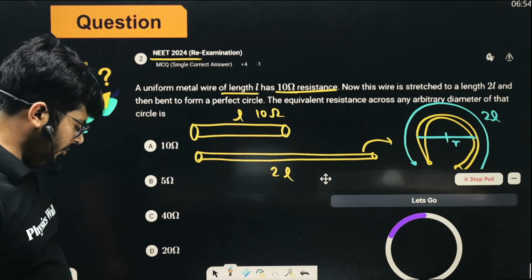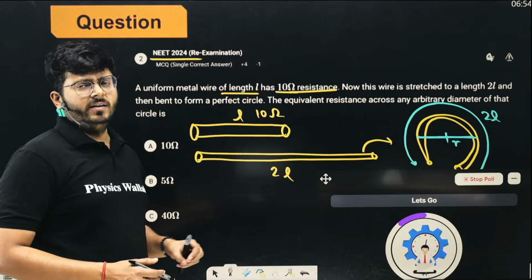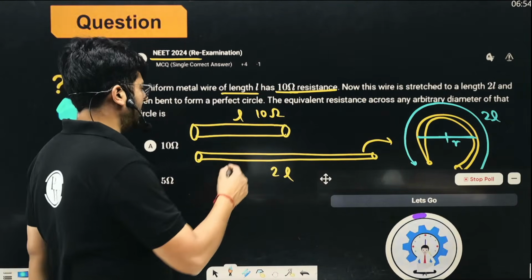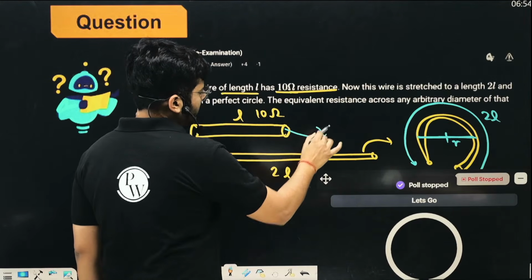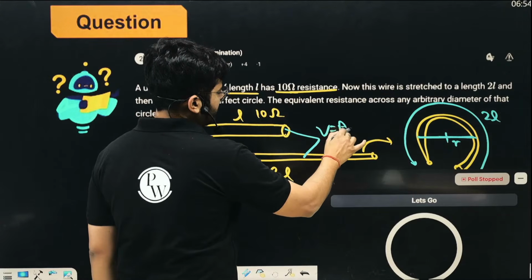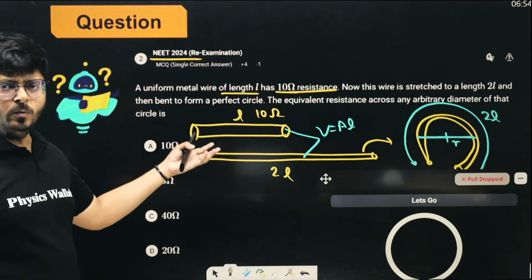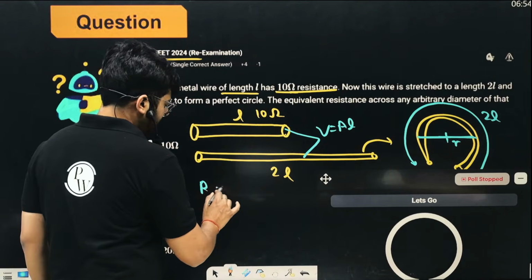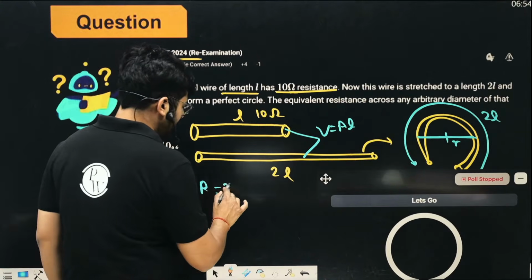I'll give you one more hint. If you try to solve it, I have done the derivation of that part in the main classes as well. When you stretch the wire, what remains the same? The volume remains the same. Volume is cross-sectional area into length. So when you make the length n times, the resistance of the wire increases by n square times.